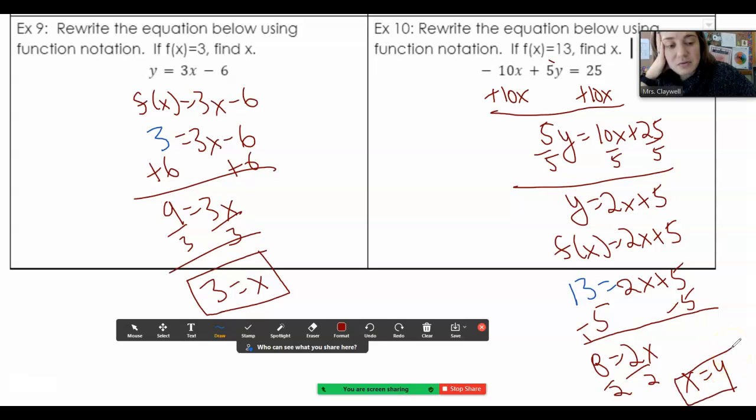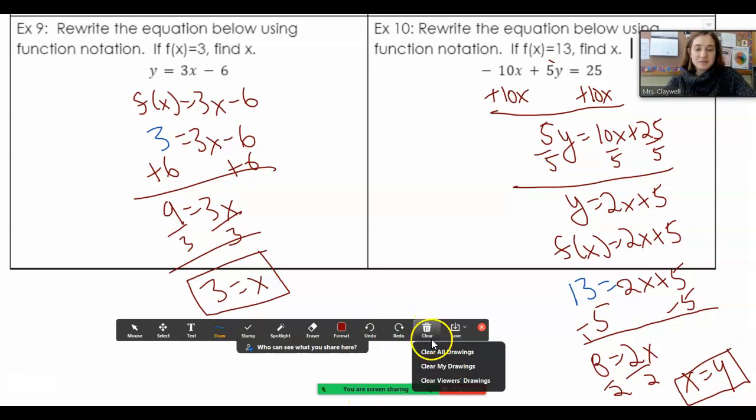So really x equals 4. So if it gives us the output, we want to isolate the output and then put that value in for the output.